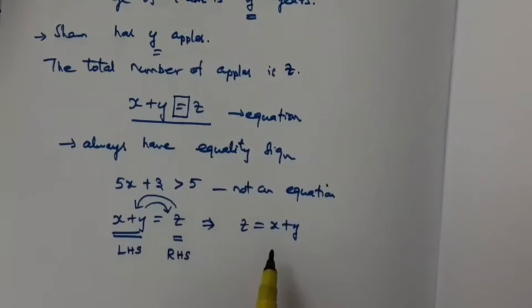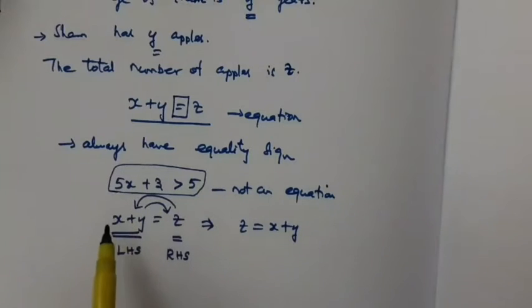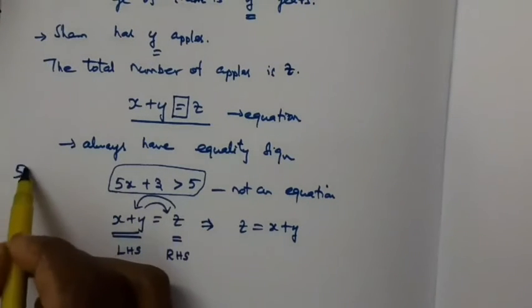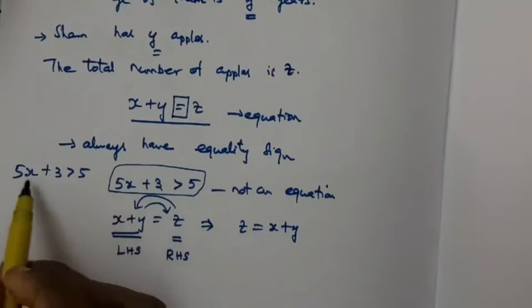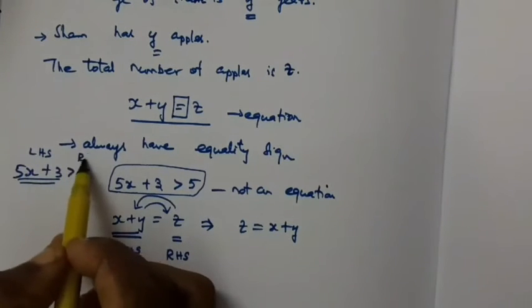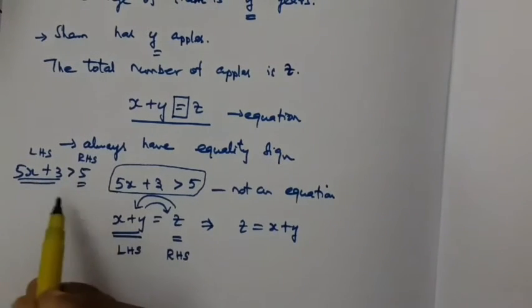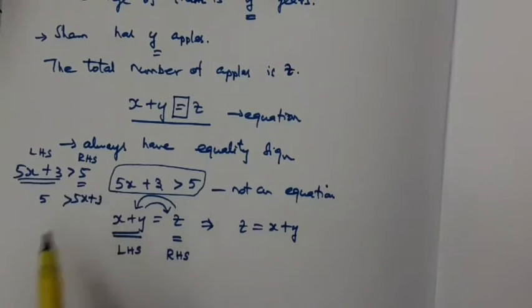This will not appear for an expression like this. This may be called an expression. Here you see 5x plus 3 greater than 5. This is the left hand side. This is the right hand side. Now if we interchange, 5x plus 3, the meaning is not the same.